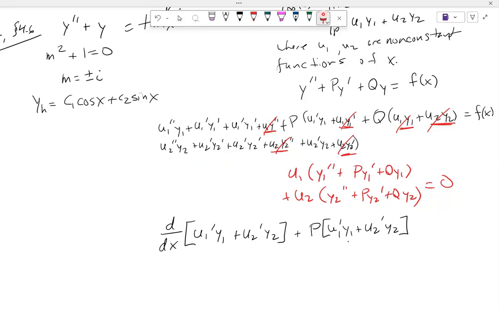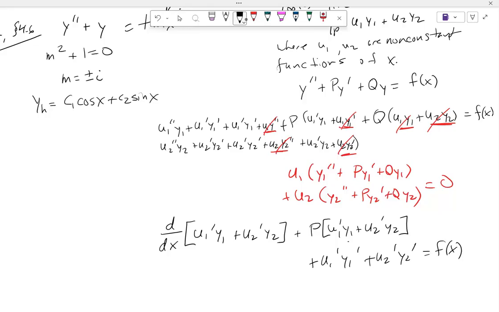And then I see the exact same part here. Here's a u1 and a u2, that part there. The last piece that's left over is u1 prime y1 prime plus u2 prime y2 prime.